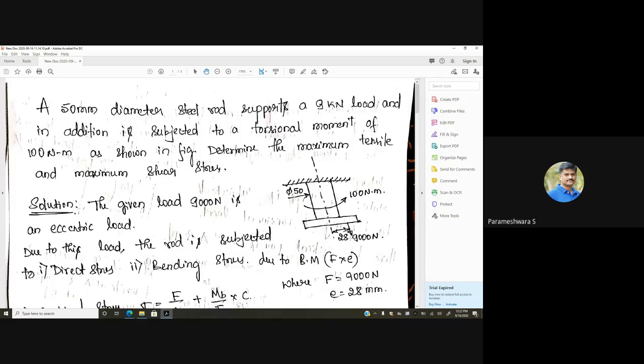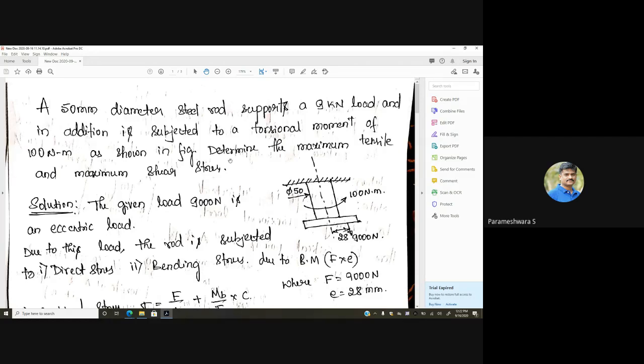So some kind of eccentricity is created over here. This distance 28 is taken as E. Eccentricity means the point of load is not along the axis, but it is offset by a certain distance. That is called eccentricity.